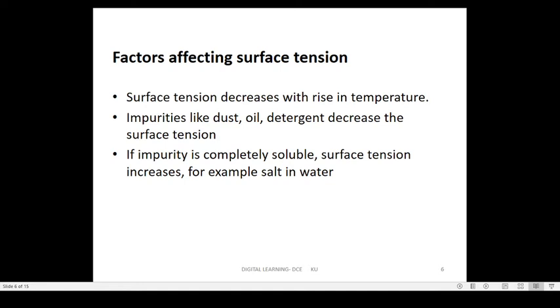First, coming to the temperature, effect of temperature on the surface of water, as shown in this slide, the surface tension decreases with rise in temperature. As temperature increases, the surface tension of the liquid decreases.